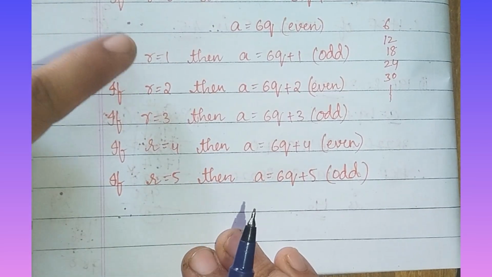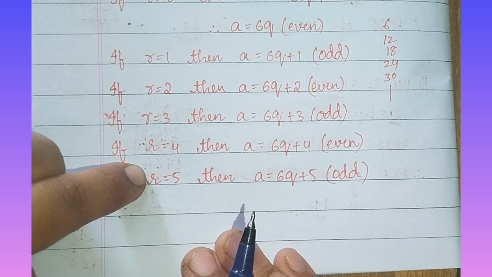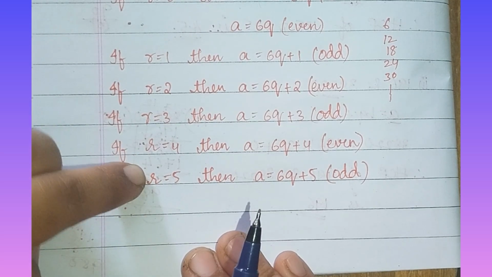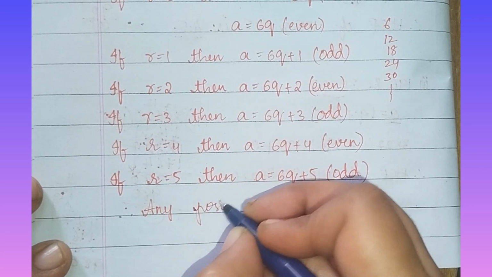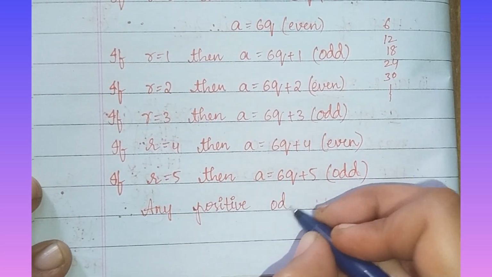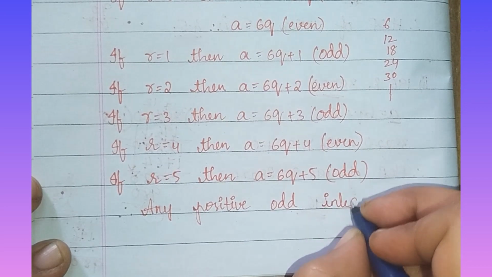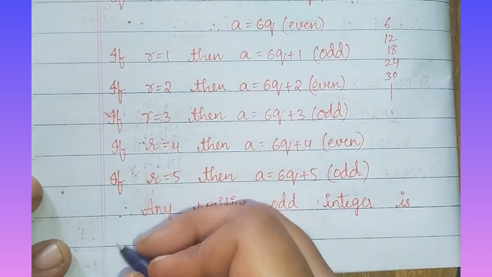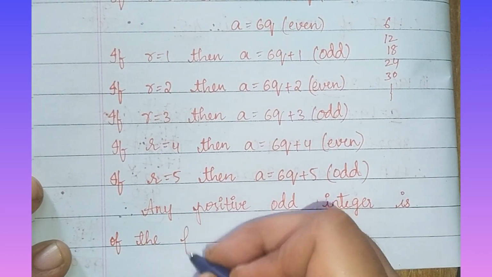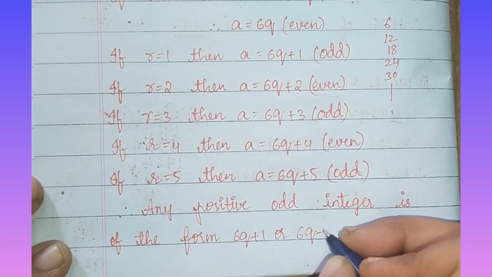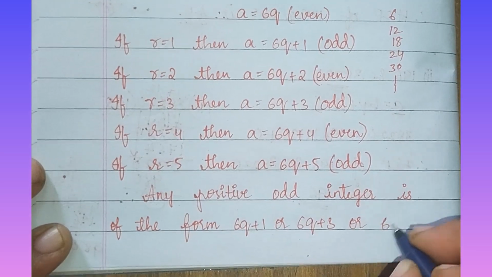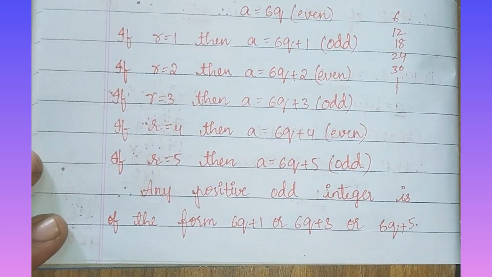Therefore, if r is equal to 1, 3 and 5, then we get odd numbers. That is, any positive odd integer is of the form 6q plus 1, 6q plus 3, 6q plus 5.